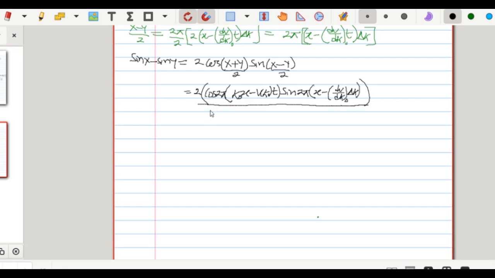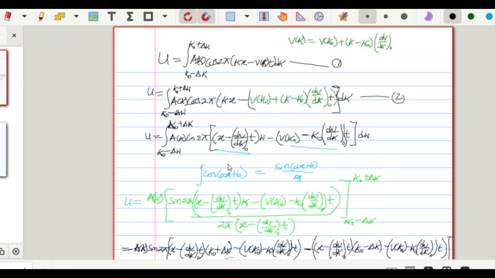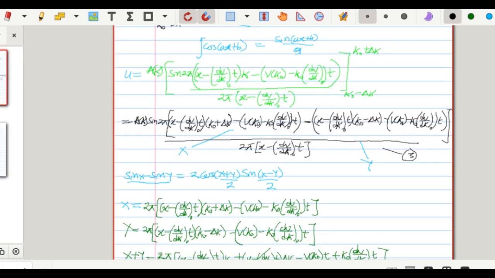and this is going to be divided by 2 pi into x minus dv over dk naught of t, because remember from here, this is what we had. So we factored out this and this, so we are putting it back into here.